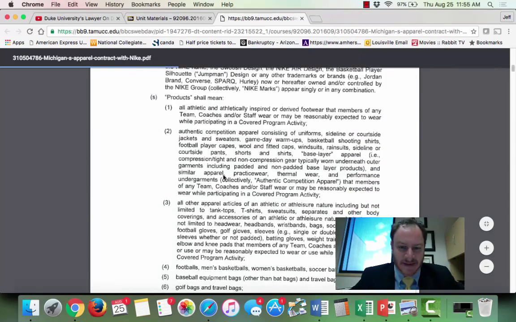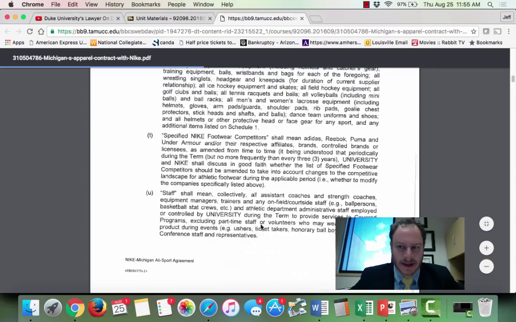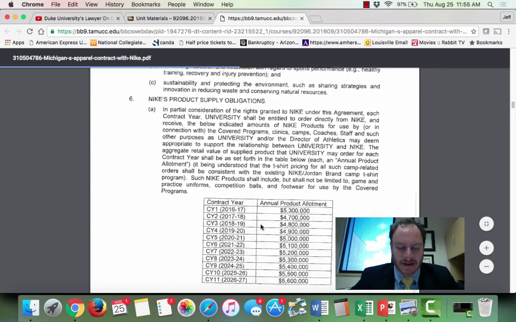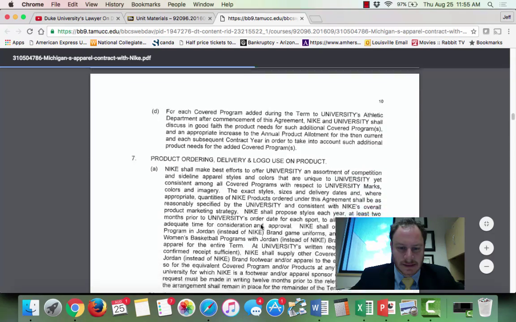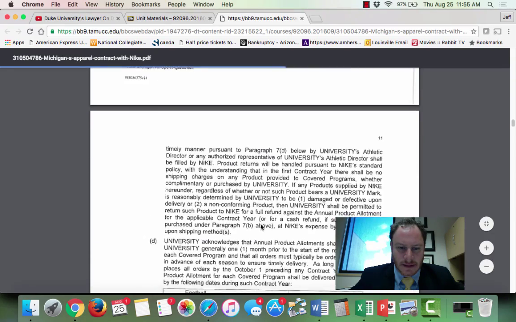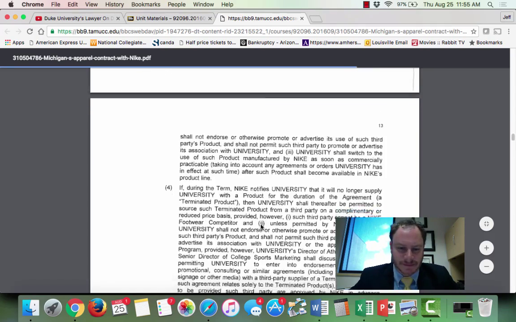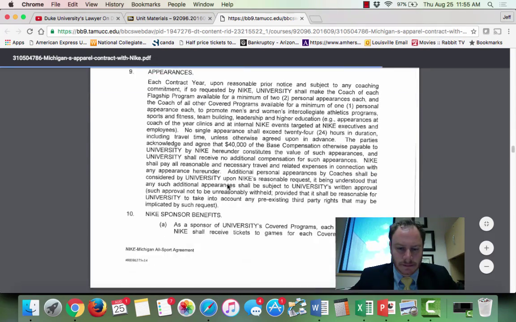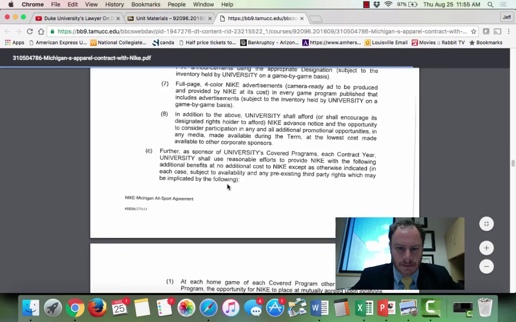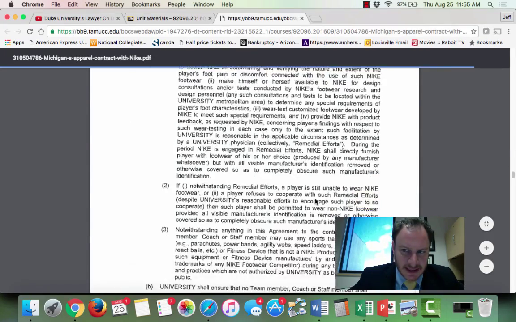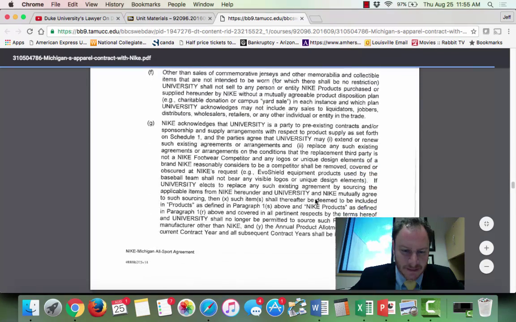So let me see if I can find the language I'm looking for about an integration clause. It's usually under general terms. Kinds of products, that's not helpful.